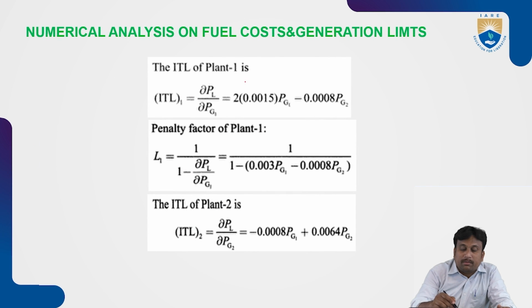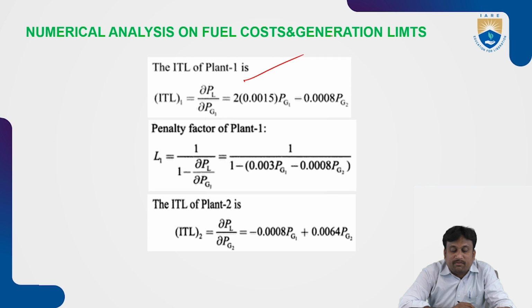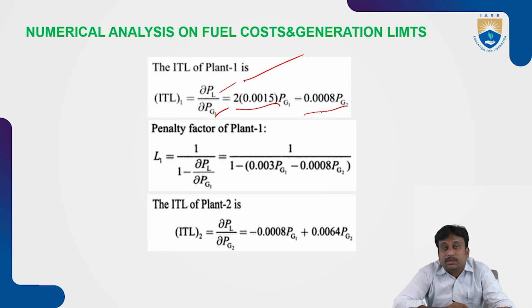So the incremental loss of plant 1, that is dou PL by dou Pg1, is 2 into 0.0015 Pg1 minus 0.0008 Pg2.